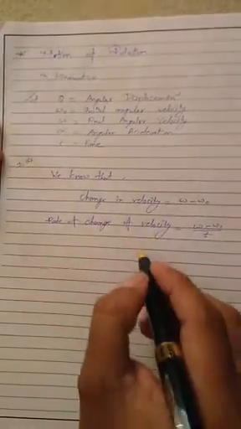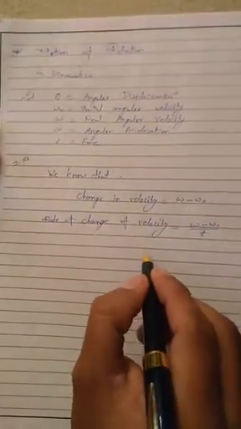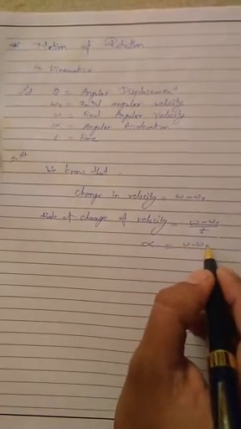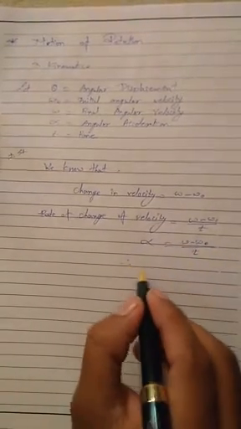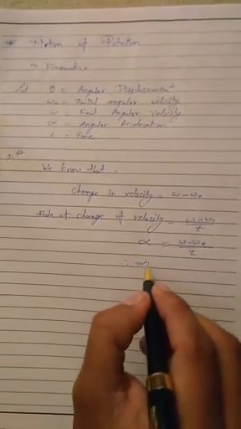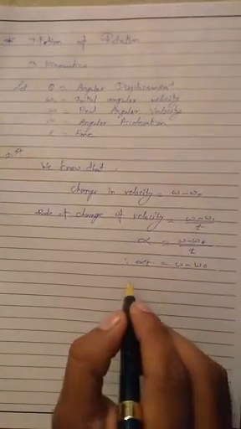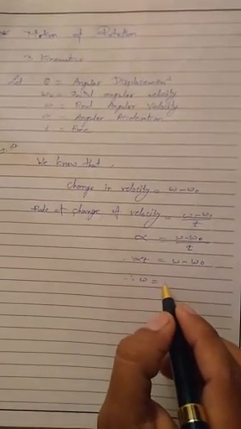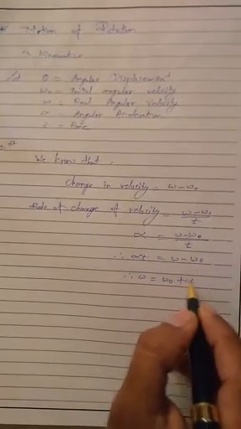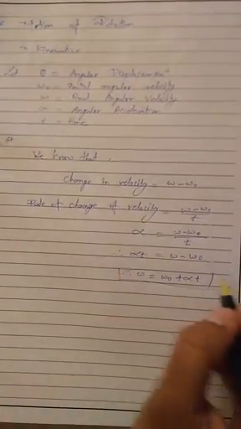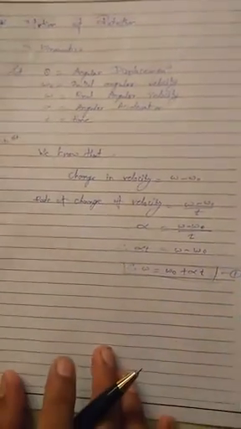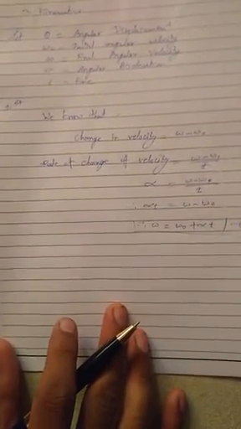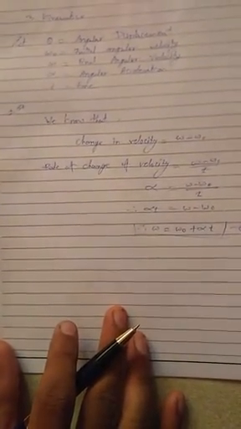This is angular velocity, so the rate of change of angular velocity is alpha, equal to omega minus omega naught divided by t. So alpha t is equal to omega minus omega naught. Rearranging the terms, we find the first equation as omega is equal to omega naught plus alpha t. So this is the first kinematic equation of motion for the rotating body.